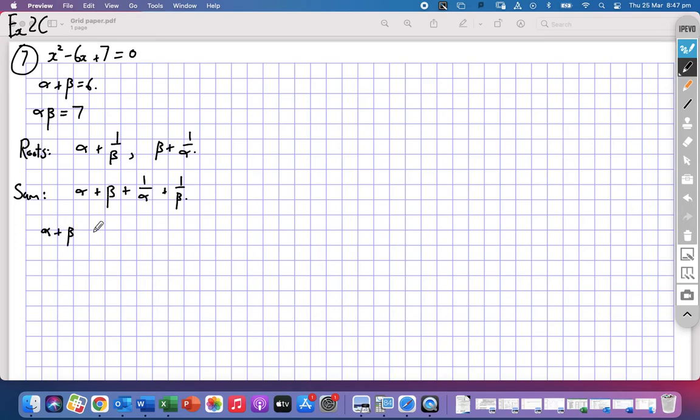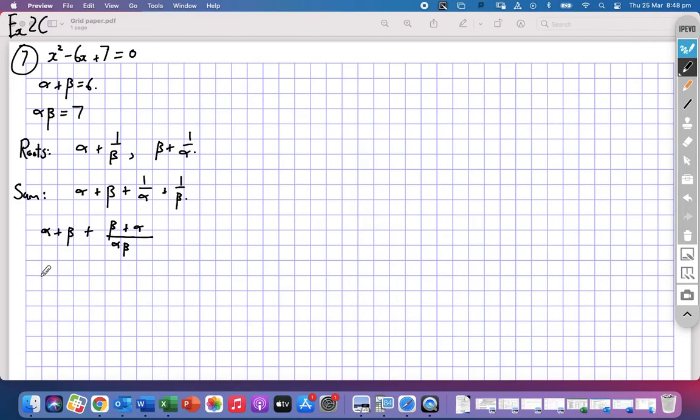Alpha plus beta plus, now let's think about a common denominator. Alpha, beta, right? This is like if I had a half plus a third. How would I make a common denominator? I'd do 2 times 3 is 6. So alpha times beta gives the common denominator. Now here, if I've multiplied by beta, I'll have to multiply the top by beta. Here I've multiplied by alpha, so to get the common denominator, I times the top.